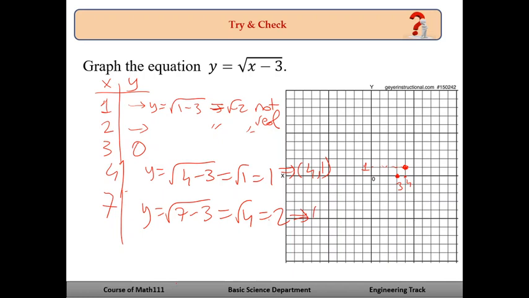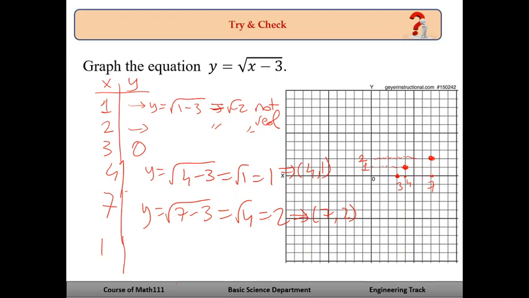So this gives you 7, 2. This is another point here. 5 is here, 6 here, 7, 2. And then, so we have these points here.